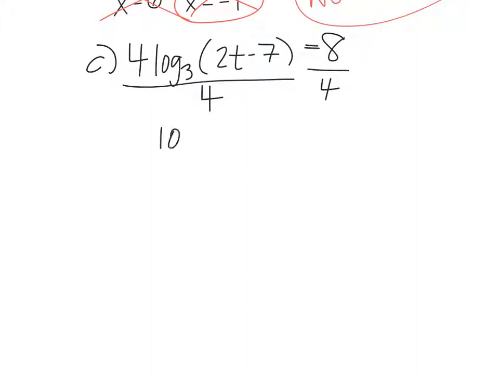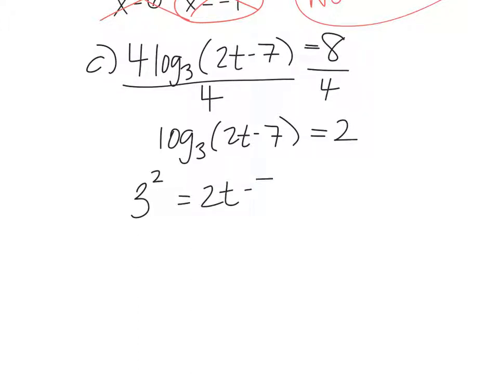So I have log base 3 of 2t minus 7 equals 2. Now this is just as quick as you think. All I need to do is rewrite it as an exponential. So I get 3 squared equals 2t minus 7, so I get 9 equals 2t minus 7.